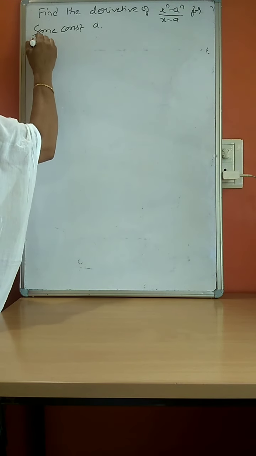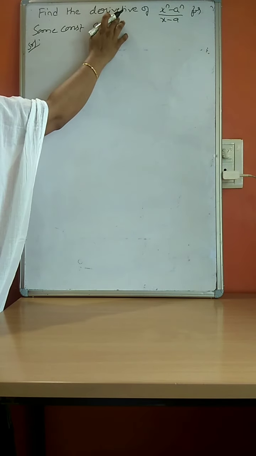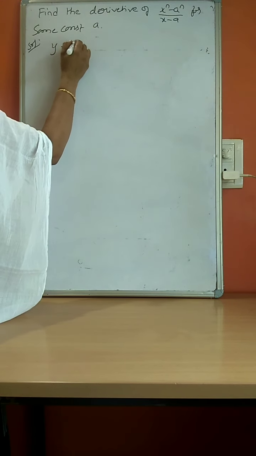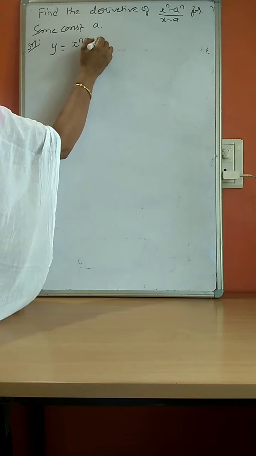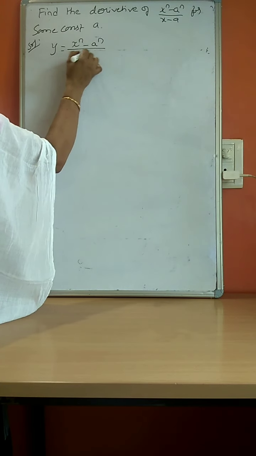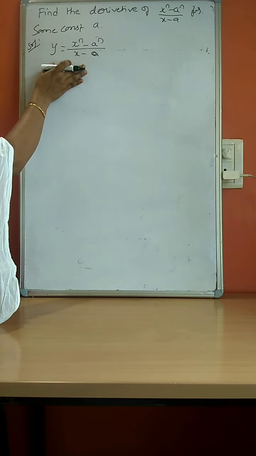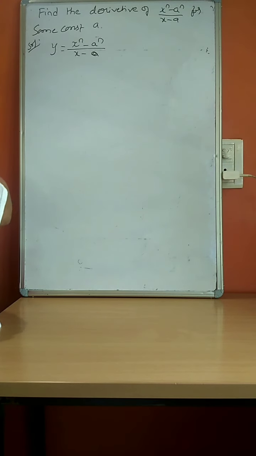Solution. See, he is asking to find the derivative. So y is equal to x to the power of n minus a power of n divided by x minus a. Okay. Same as the previous problem, you can go for differentiation.